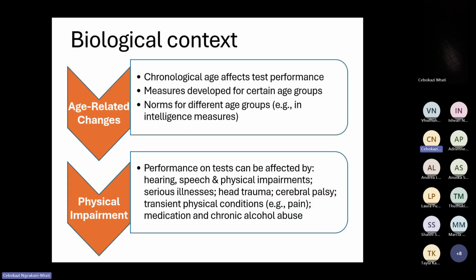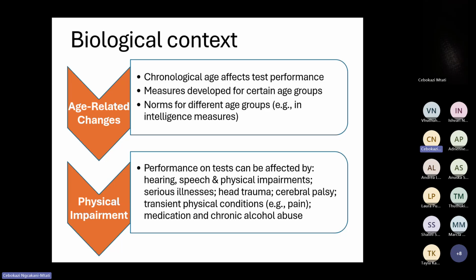Okay, so with age-related changes, looking at the biological context first, chronological age does affect test performance, but what is great about that is that the measures are developed for certain age groups, so we need to make sure that we use appropriate measures for that specific age group, and we use the norms for the different age groups that we are measuring.